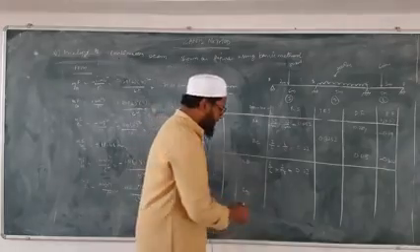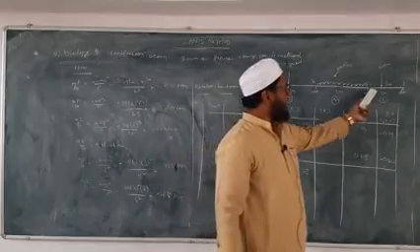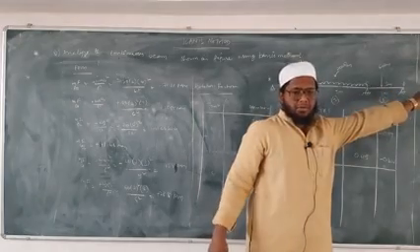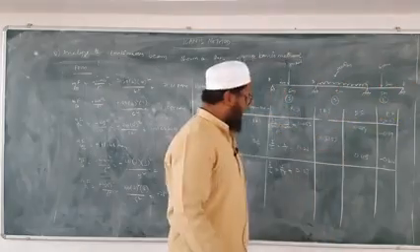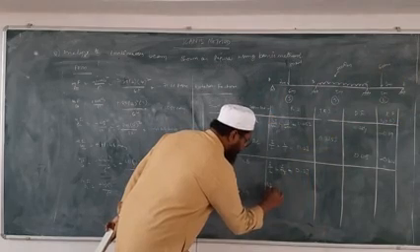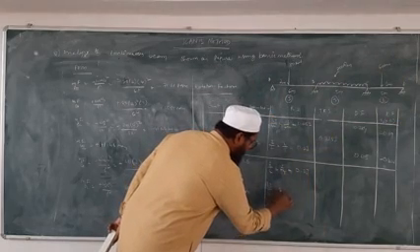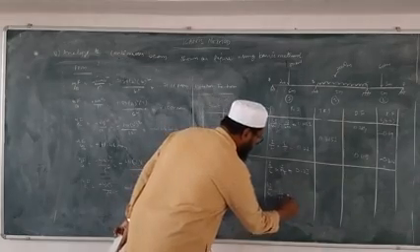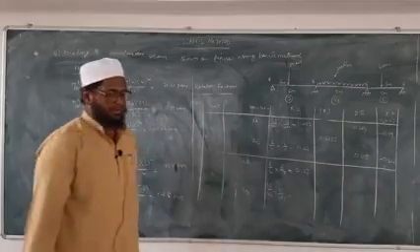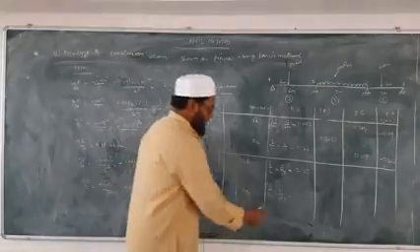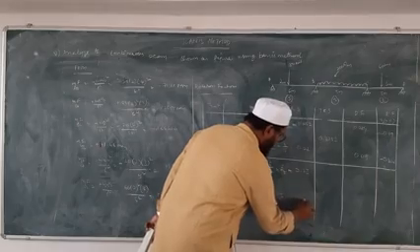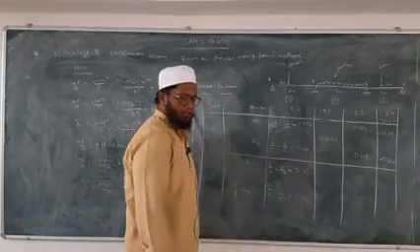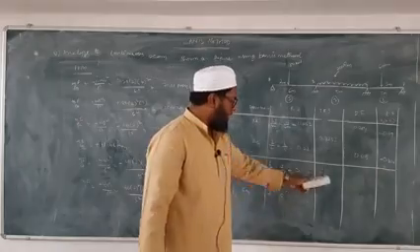Next, what about this one? C to D, do we have any support? No. So 3I by 4L, 3I by 4 into 5. So 3 by 20 is how much? 0.15 I.